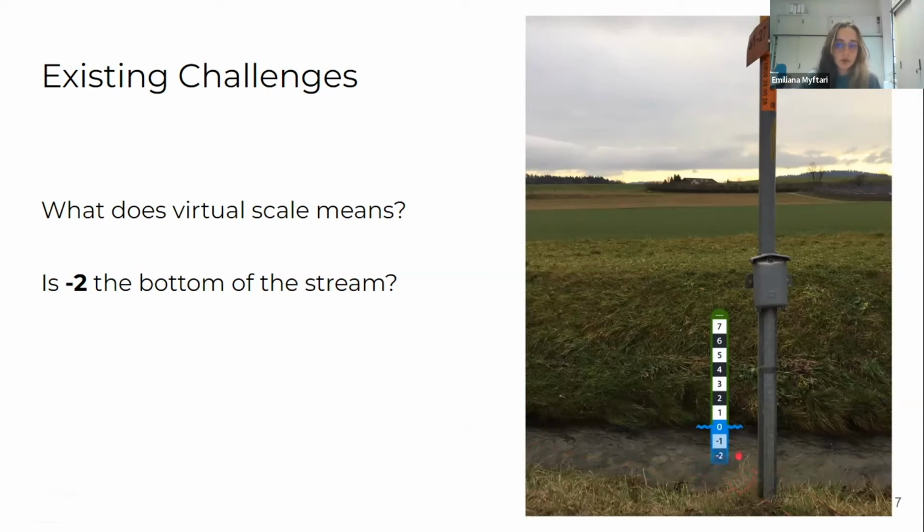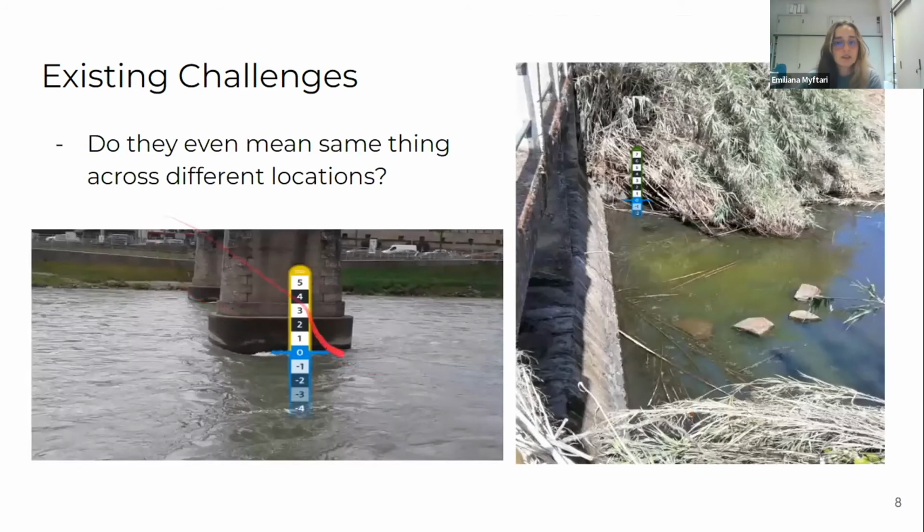We don't know that. We only know that the 0 is the level of the surface water. We had other problems, like for example, these virtual scales didn't mean the same thing across different locations. As you can see, this scale is bigger than this one. So a +1 here is different from a +1 there.